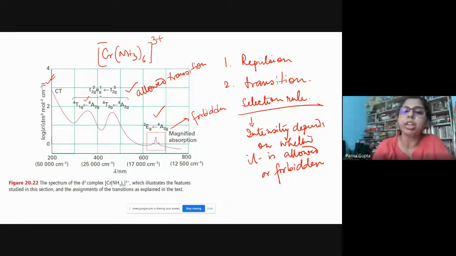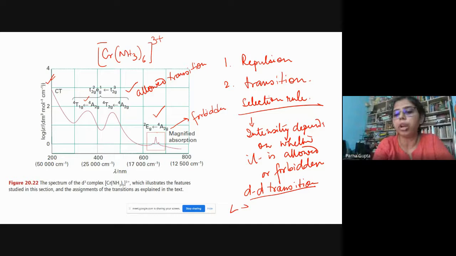This is not a d-d transition. So there will be two types of thing. One is d-d transition, and another is either ligand to metal, meaning molecular orbital close to ligand to molecular orbital close to metal, or metal to ligand charge transfer. This is called charge transfer, to differentiate between these two.